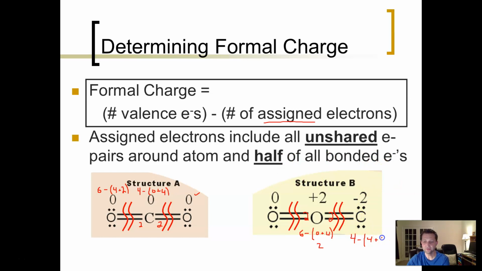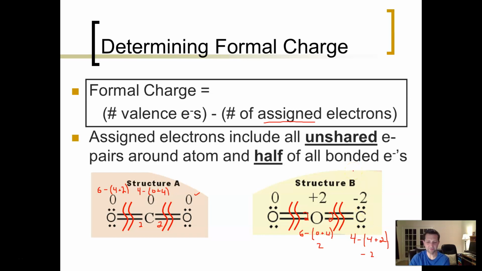Half of that is 2. All right, so we have 4 minus 6 gives you -2. Okay, so formal charge on carbon here is -2. It should have 4 valence electrons. It really has 6. 1, 2, 3, 4 from the lone pairs, and 1 from this part of the double bond, and 1 from this part.